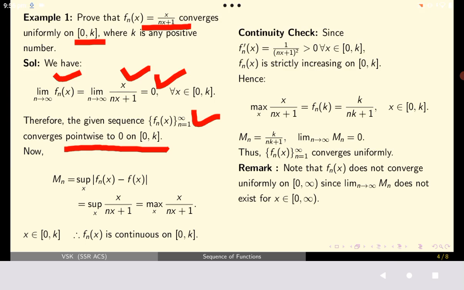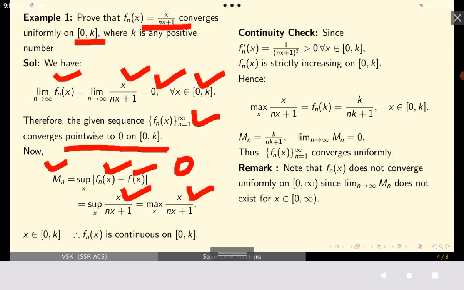Now let us take M_n, which is equal to the supremum of modulus f_n(x) minus f(x), and f(x) is equal to 0. So this is the supremum of x upon nx plus 1, and it will be the maximum of x upon nx plus 1, because we are dealing with the closed interval [0, k], for all x belonging to [0, k].